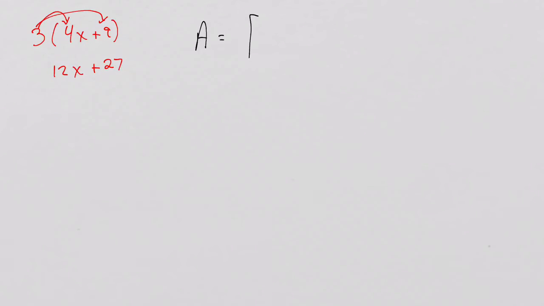So, if we have a matrix A, and matrix A is 2, 8, 4, 4, 3, 9, 0, and 1. And I want to go ahead and find 2A.